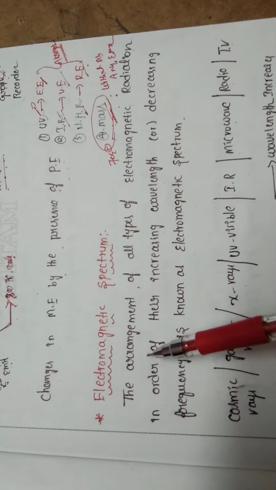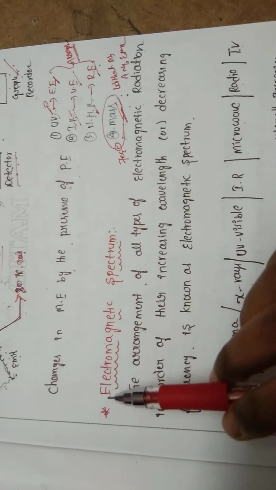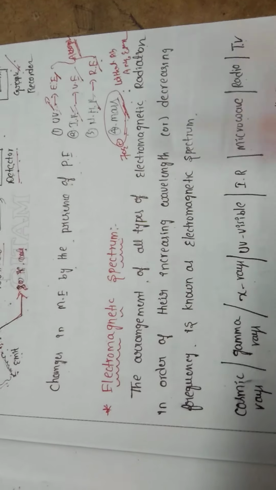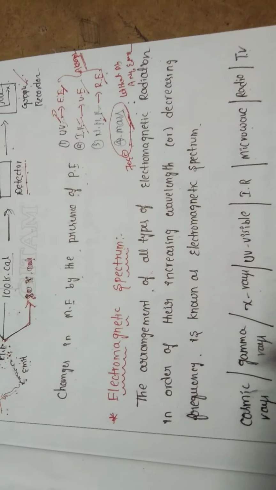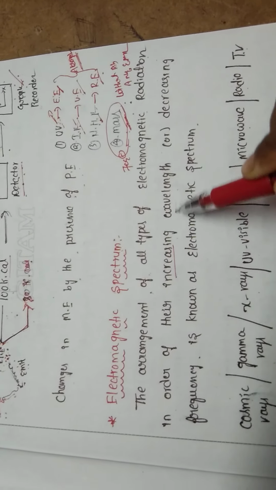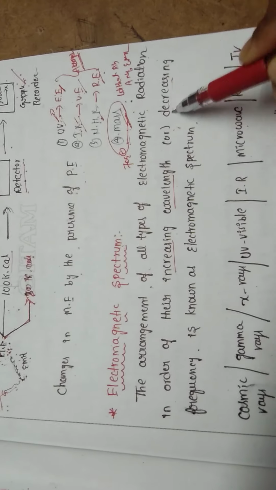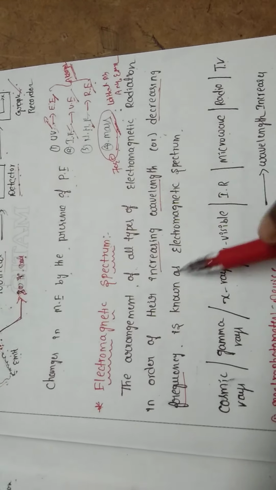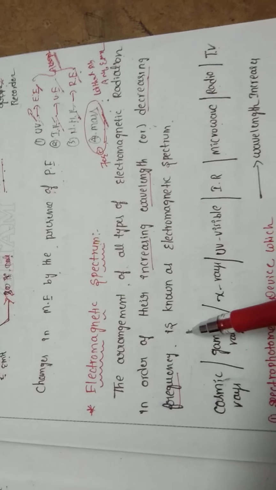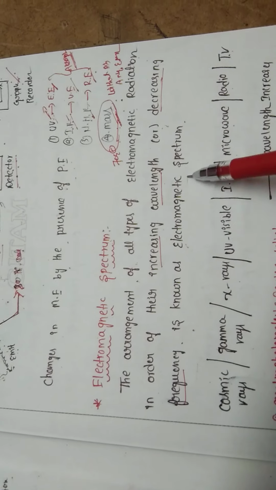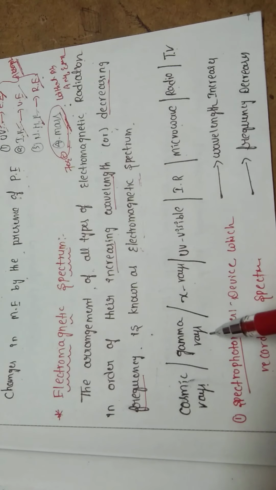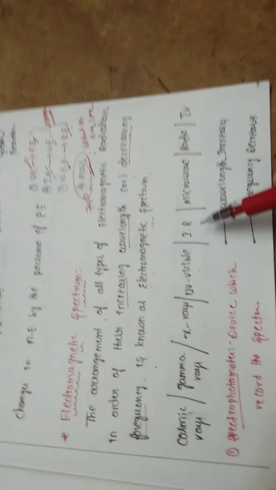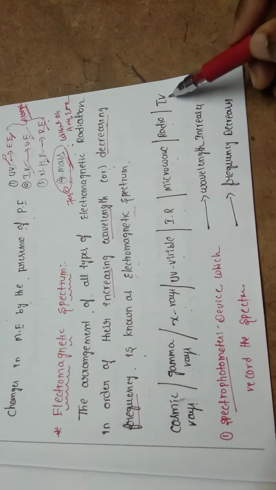That arrangement of all types of radiation in order of their increasing wavelength or decreasing frequency is called the electromagnetic spectrum. So I can write here cosmic rays, gamma rays, x-rays, UV visible, IR, microwave, radio wave, TV waves.